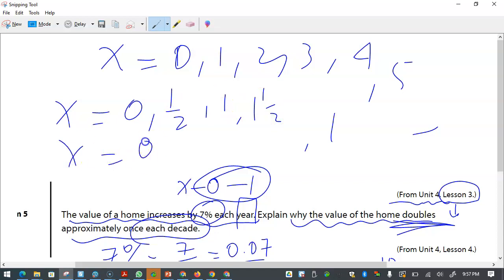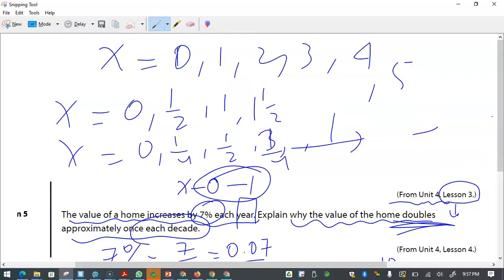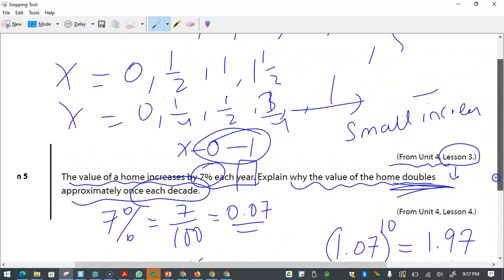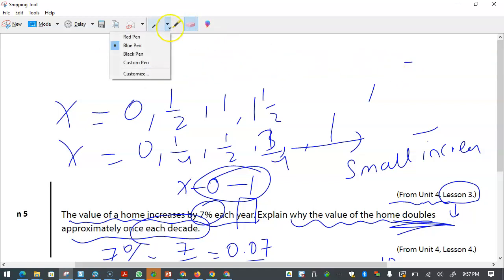Or you can go 0, 1/4, half, and 3/4. In such cases you have to be very careful to figure out what the data is for every small increase of x, and then check how many of those small ones make it.